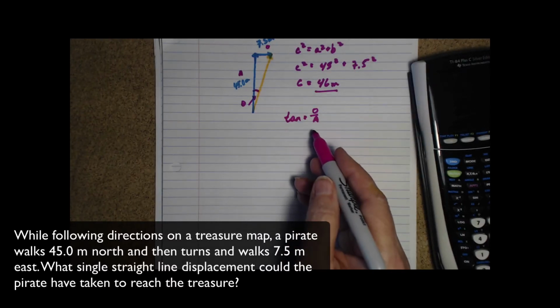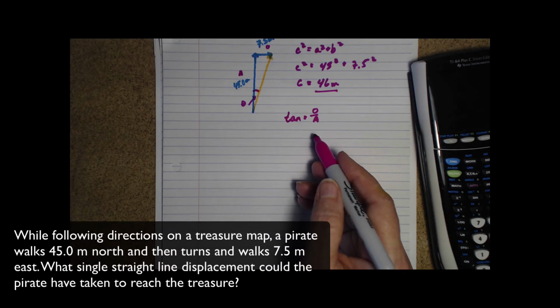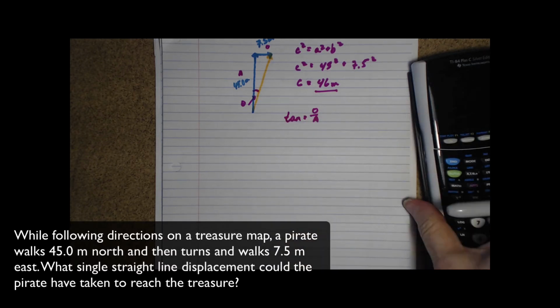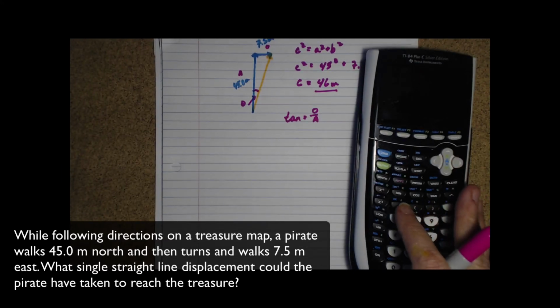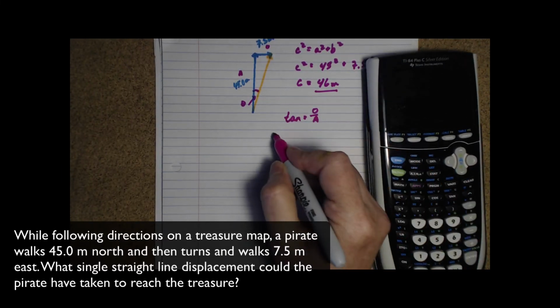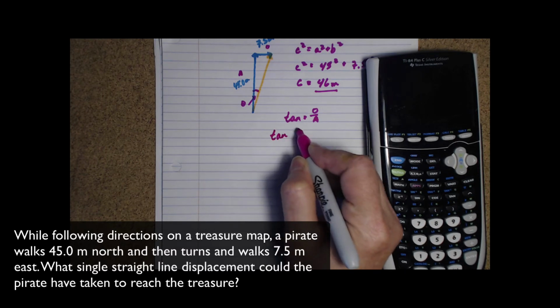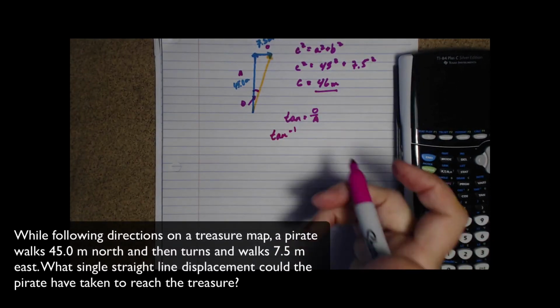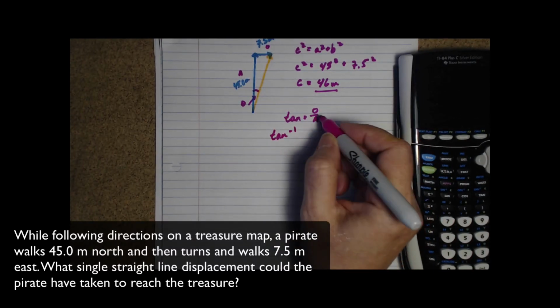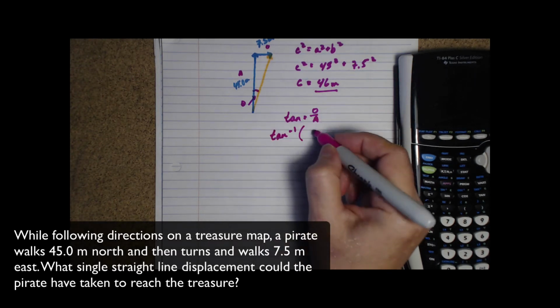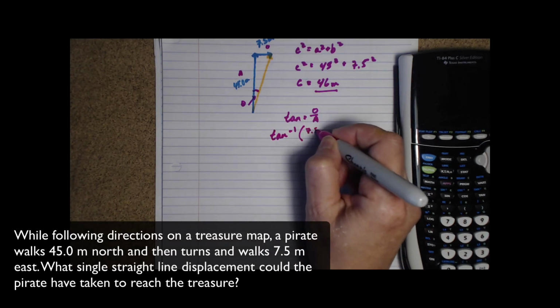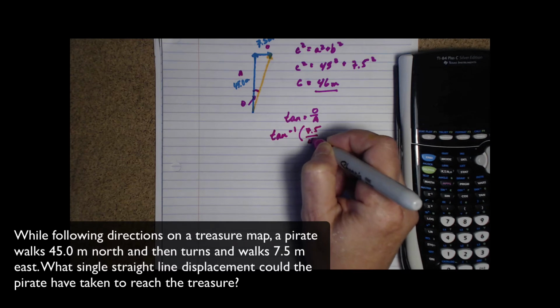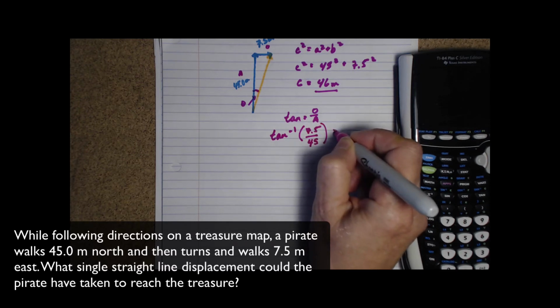So what I'm going to do again is I'm going to use the inverse tangent function in order to find this. So I'm going to press second tangent. So the inverse or arctangent of this is equal to my opposite over my adjacent.